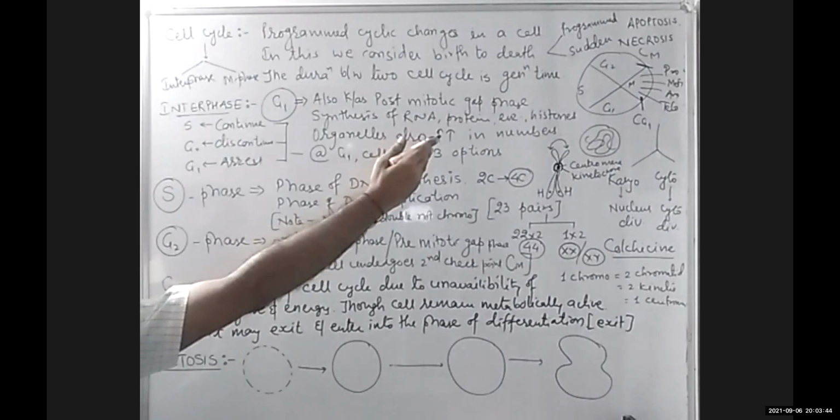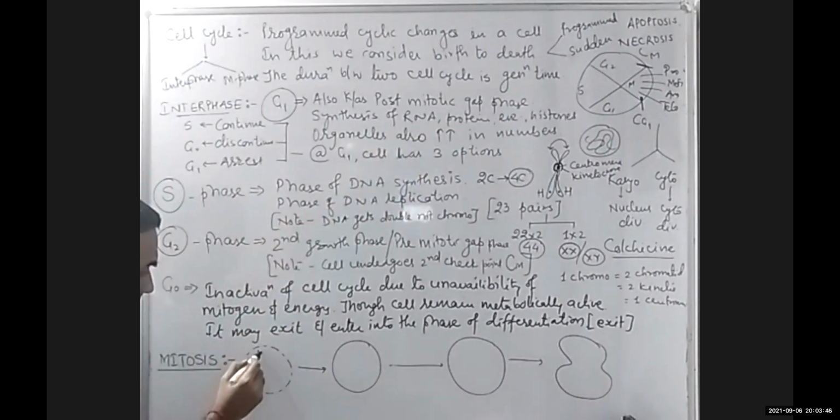Whatever contents become double appear like chromosomes. This appears like a chromosome. Since it doubles, only then can it be seen. Otherwise it could not be seen at all. What we see is only the chromatin thread, and it is visible because it has become thick.